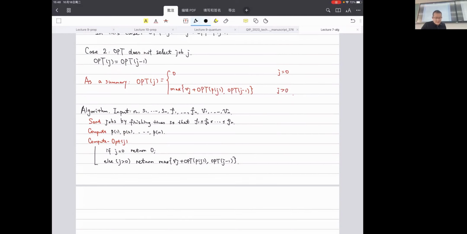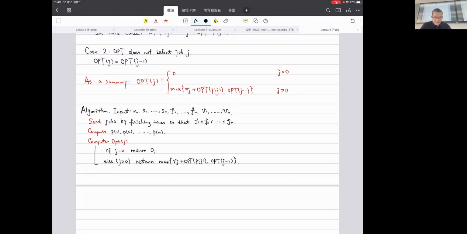We have these values and we just compute this using the recurrence relationship. But if we take a close look at this, there are actually some issues with this kind of algorithm. Maybe you can think about what the potential problem could be if we actually run this algorithm. Do you have any ideas? Yes.